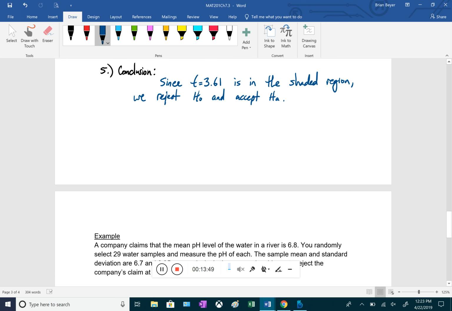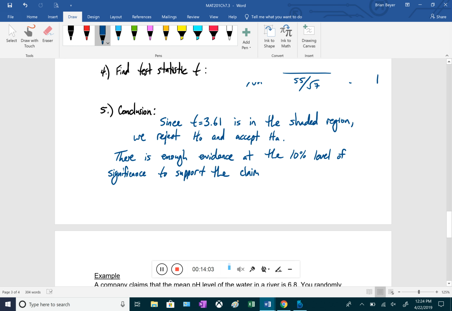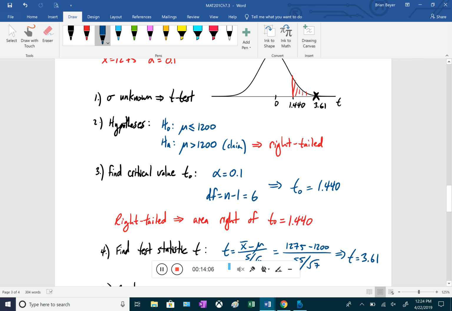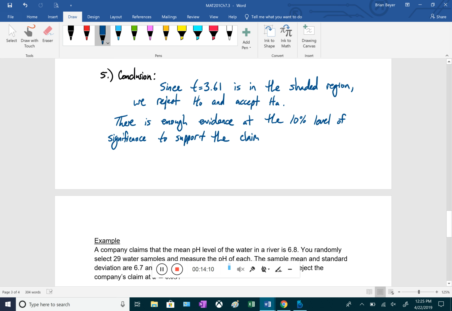So we can say there is enough evidence at the 10% level of significance to support the claim. And then we'll say what the claim was in words. The claim is the alternative. The alternative said that mu is greater than 1,200, so we can support the claim that the mean cost is more than $1,200.